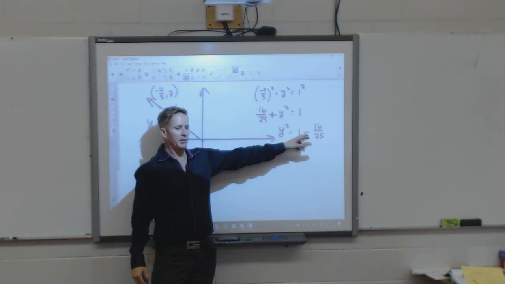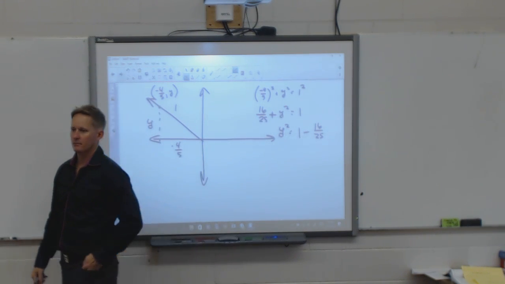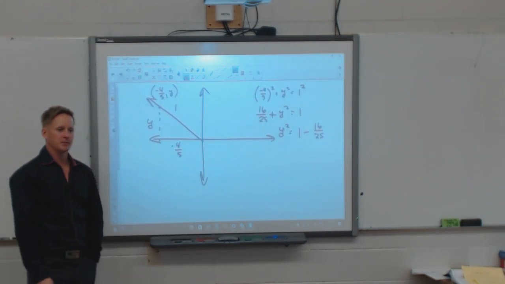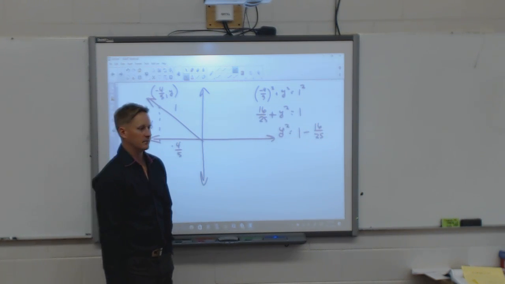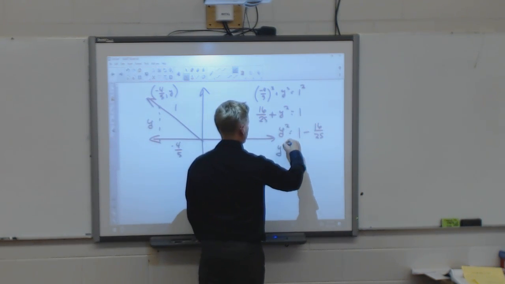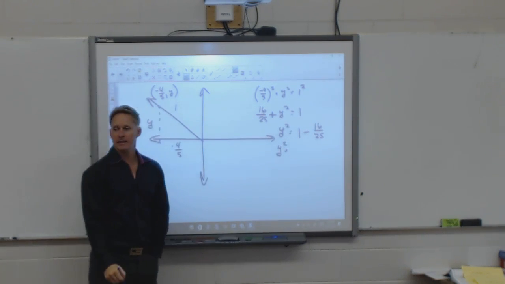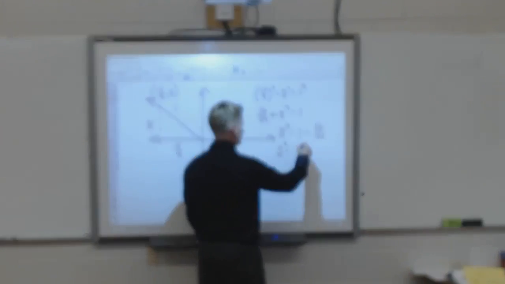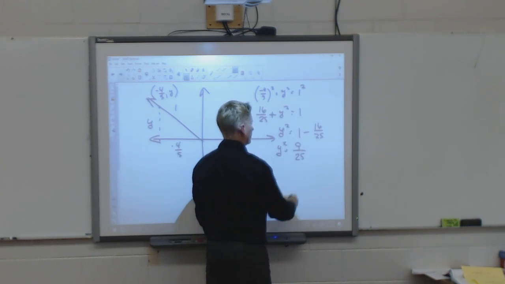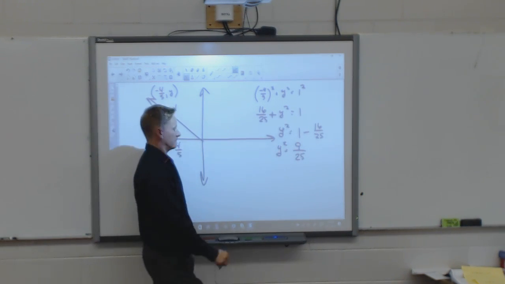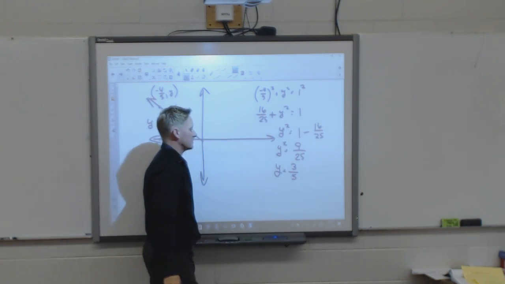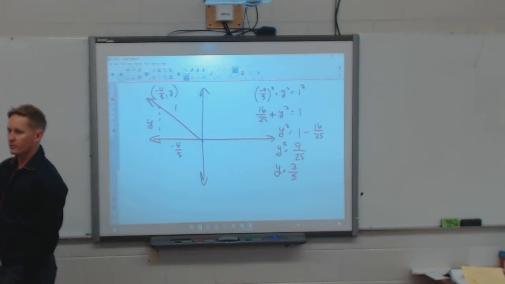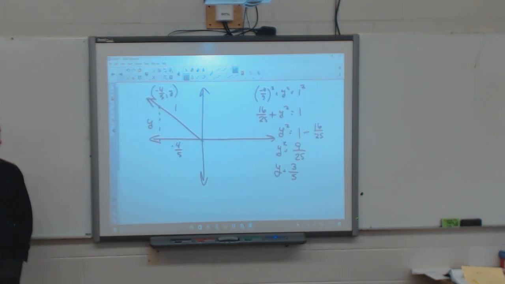What's the common denominator between 1 and 25? 25. So that becomes 25 over 25, right? What's 25 subtract 16? 9. And what's the square root of 9 over 25? Also 3 over 5. Those are two ways in which we can get that answer.